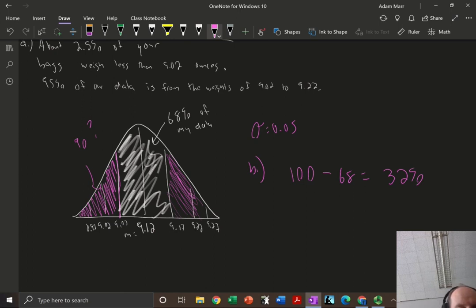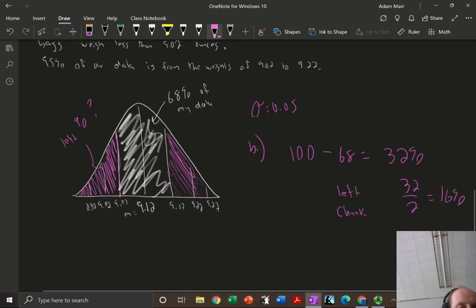Unfortunately, I don't want both chunks, but it is symmetric. I just want the left chunk. So to get the left chunk, I'm going to say 32 over 2 is 16%. So that gives me the answer: approximately 16% of my data.